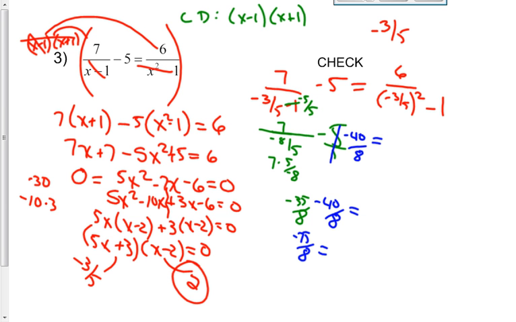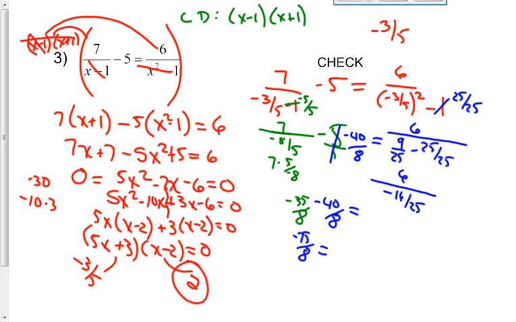Okay, over here, negative 3/5 squared. Negative squared would be positive. 6 over 9/25 minus 1. But since I'm in 25ths, let's change this right now into 25/25ths. 9/25ths minus 25/25ths should be negative 16/25ths. 6 over negative 16/25ths.